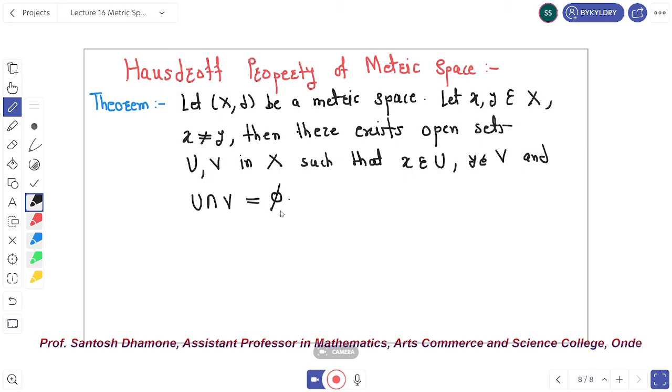We show this by contradiction. Suppose, if possible, U intersection V is non-empty.